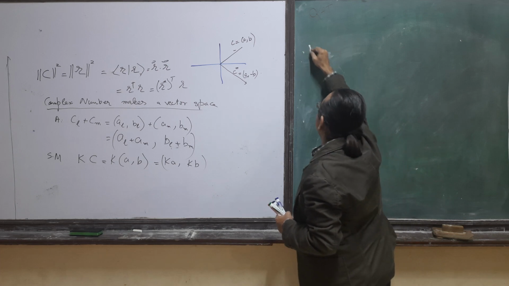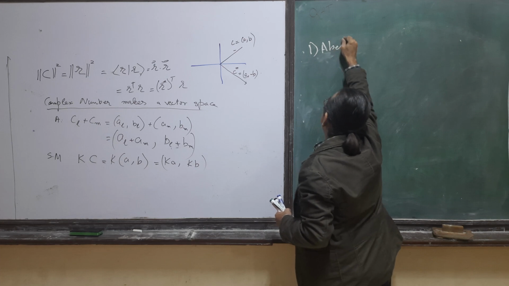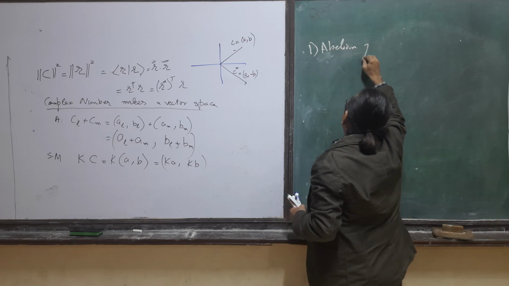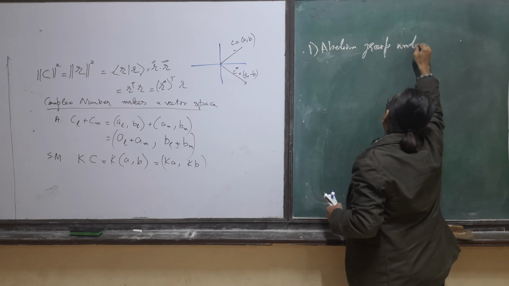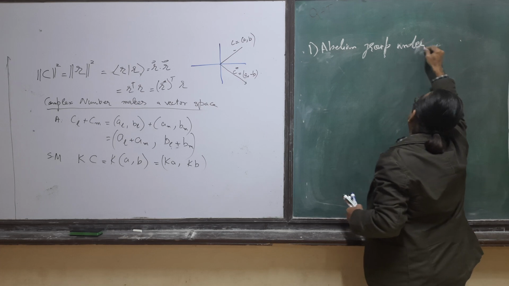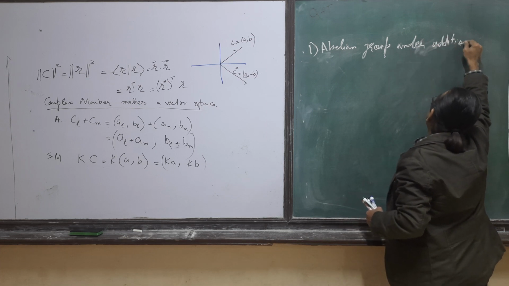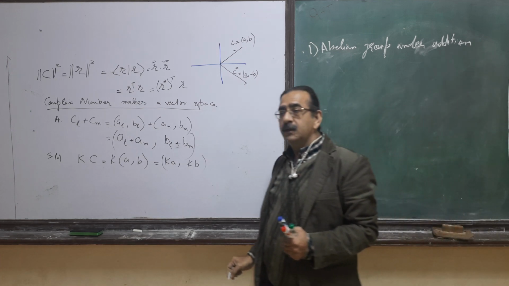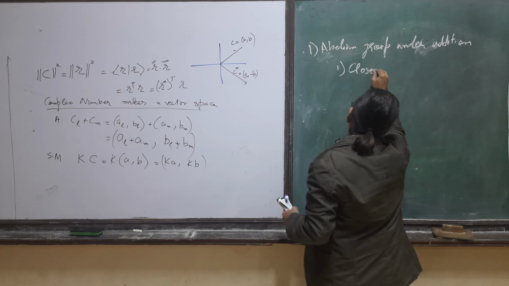First property: it must make an abelian group under addition. First one is the closure property.